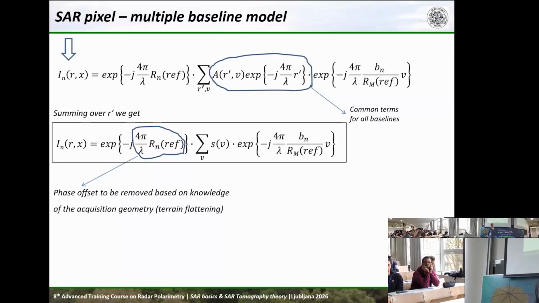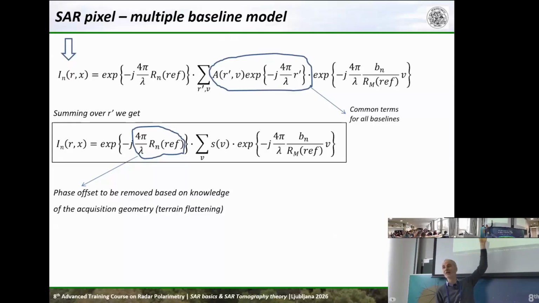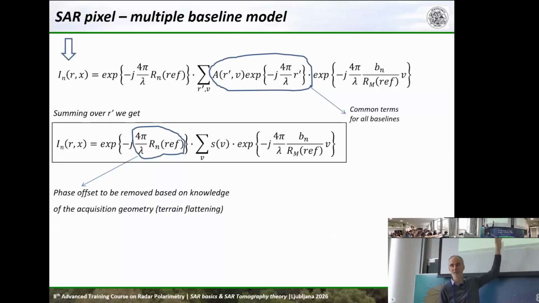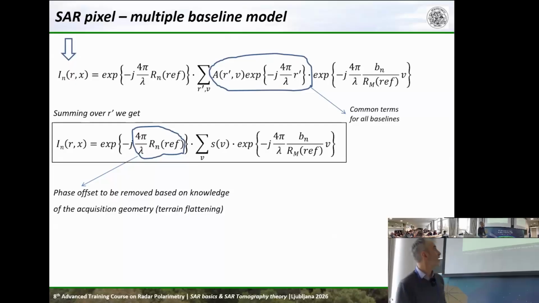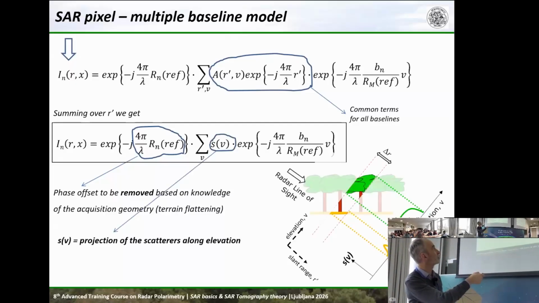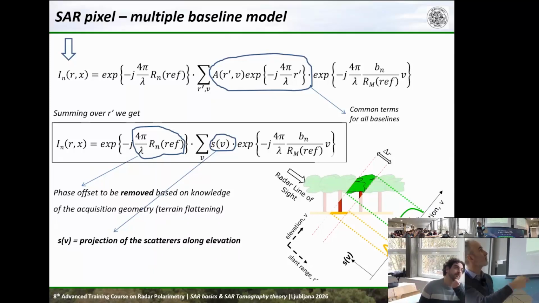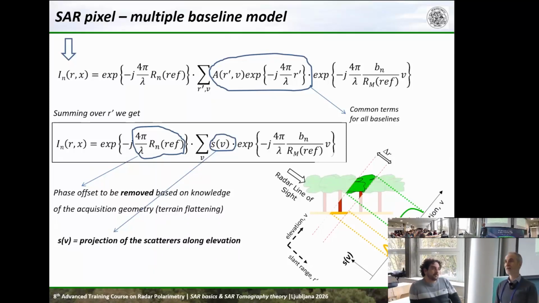Since we set the reference point and we know the orbit, this is something that you can calculate. So the first thing to do is to calculate and remove this part. And then you have this other sum S. This is only a function of elevation, and this has a special meaning.